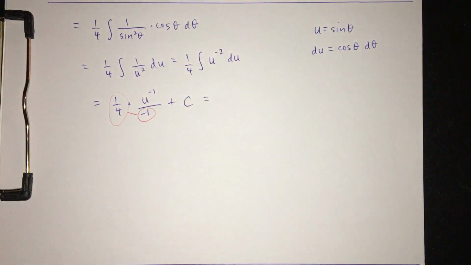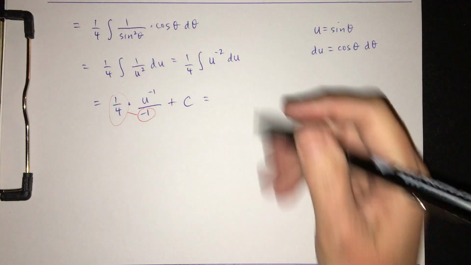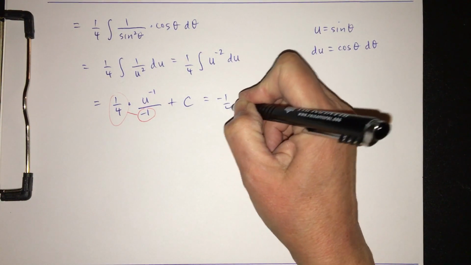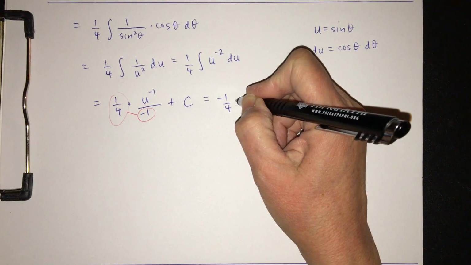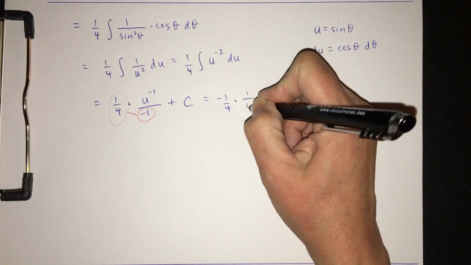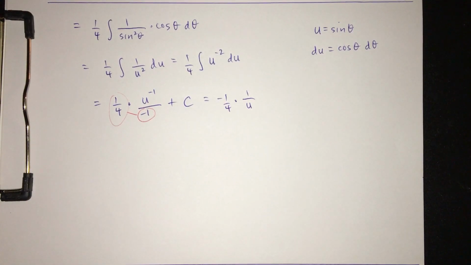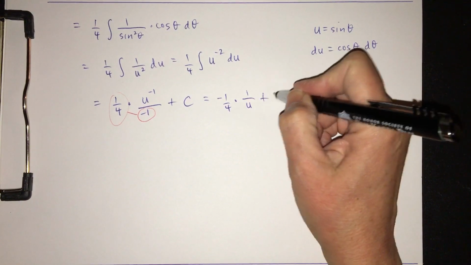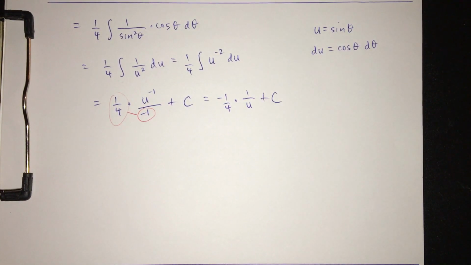That gives me negative 1/4 right there. So negative 1/4, and this u to the minus 1 would be 1 over u to the positive 1, plus c. At this point, I've got to go back to theta, and then I've got to go back to x.